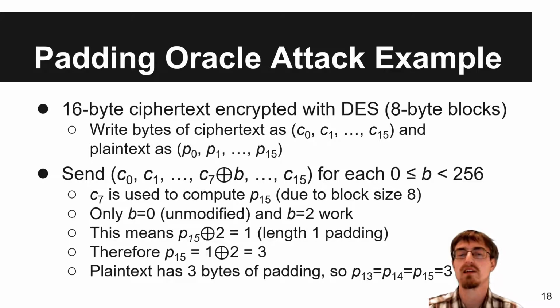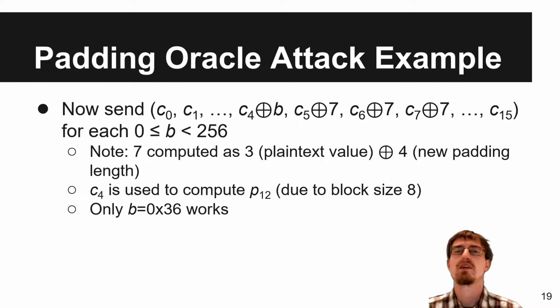Now, this is at least a good start, because we now know that the final byte of the original block was 3. This provides a lot of information because the 3 is also the length of the padding. In every case, the final byte is the length of the padding. So now we know that the plaintext has 3 bytes of padding, and the 3 final bytes of the plaintext are all 3. Now we can figure out the next byte.